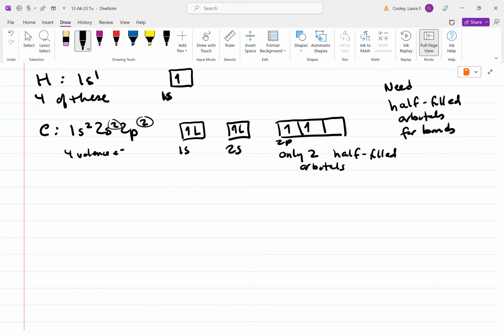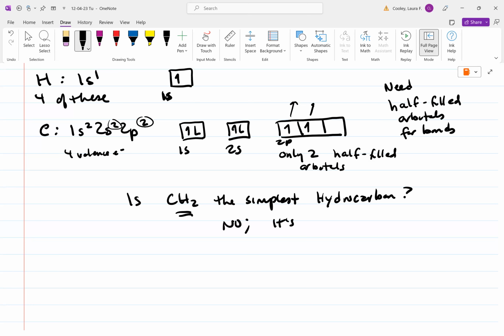So from the outset, that's pretty curious. It tends to imply that the molecule is CH2, right? Because you can only have overlap with two hydrogen 1s's. Wait a minute, is CH2 the simplest hydrocarbon? But we know that's not true. We know it's CH4.